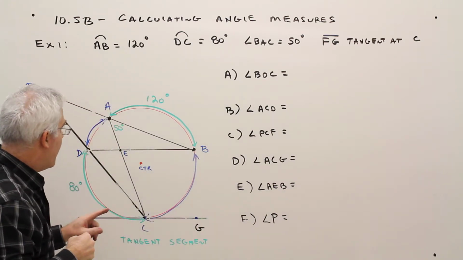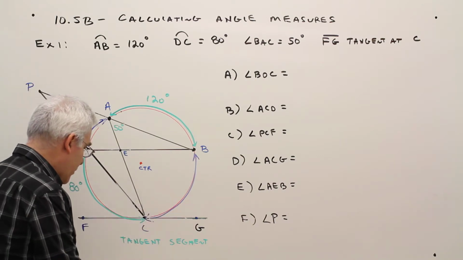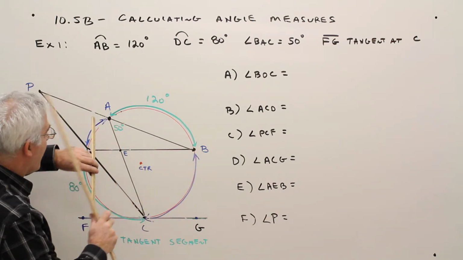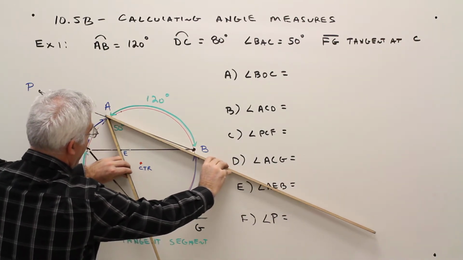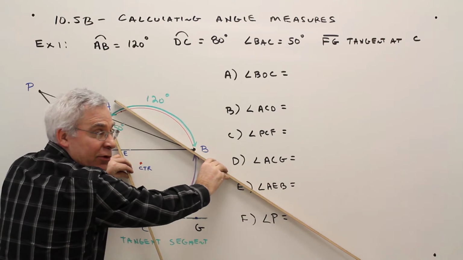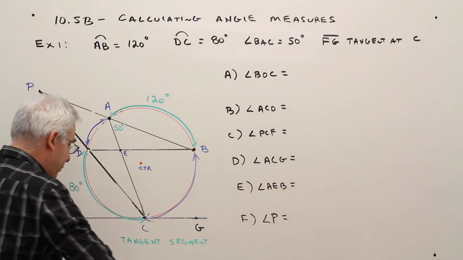Okay, so let's see if we could somehow find this intercepted arc. Oh, I happen to know that I've got a 50-degree angle there that the vertex lies on the circle. So 50 degrees is half that intercepted arc.